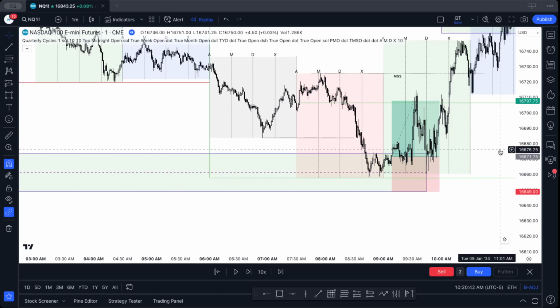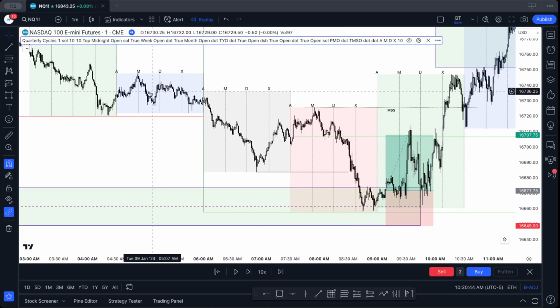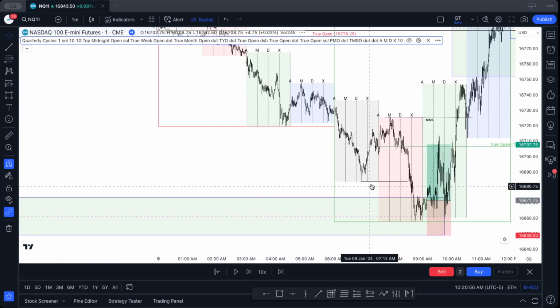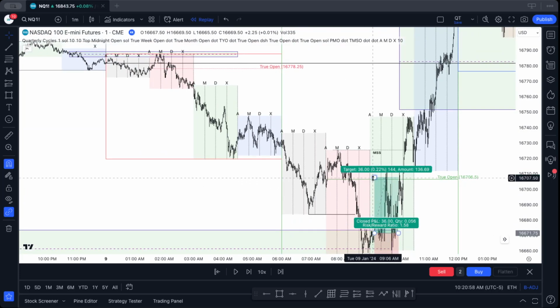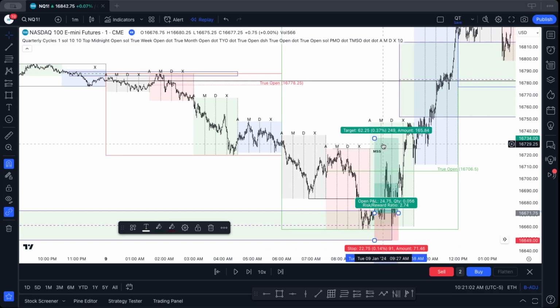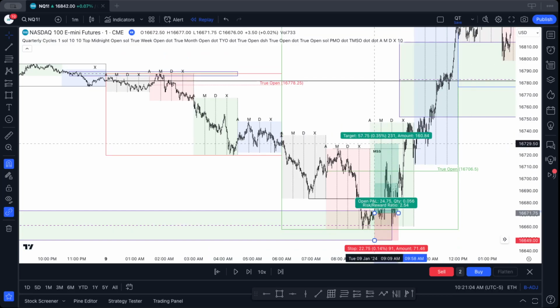And because we have high confluence that this is number one, dropping for London, dropped for this manipulation range here below this true open, taking out this low, stopping at this higher time frame PD array, you can target much higher than 100 ticks. You could have taken this high right here, the high of the New York session so far, as one take profit.